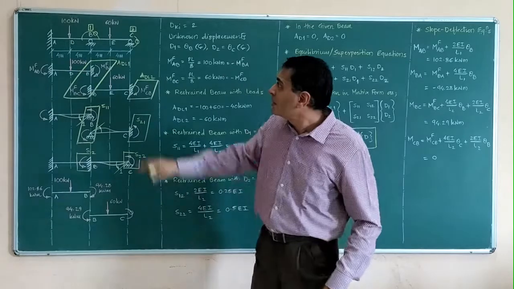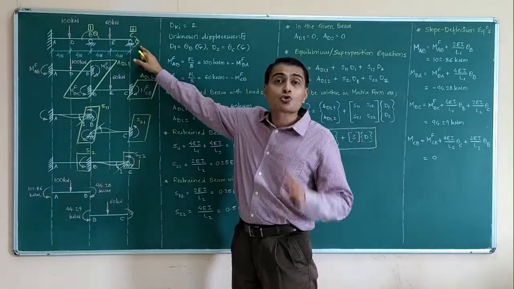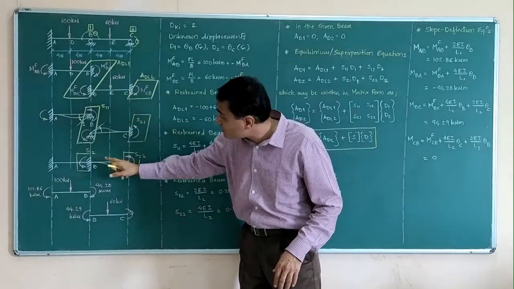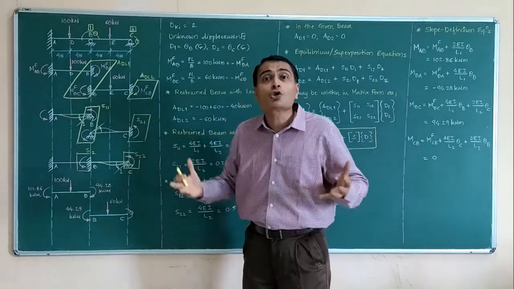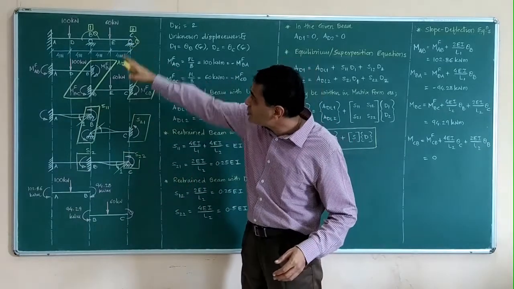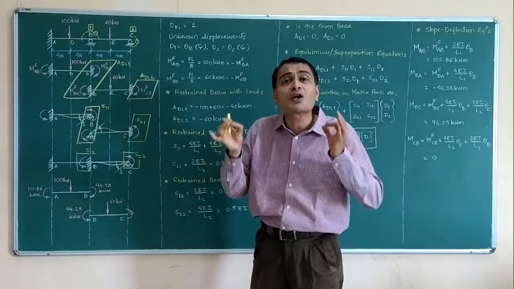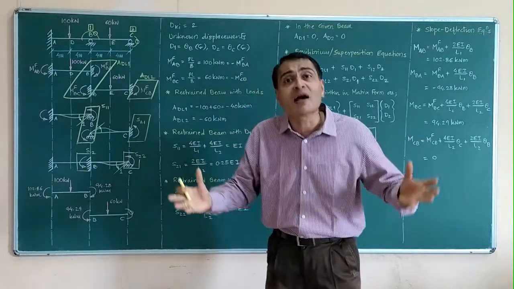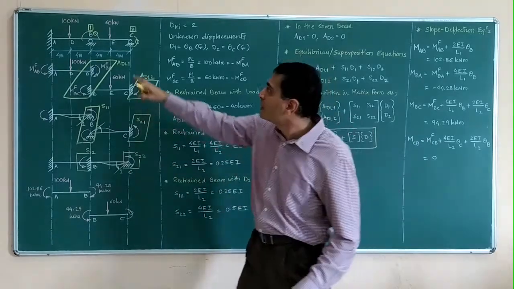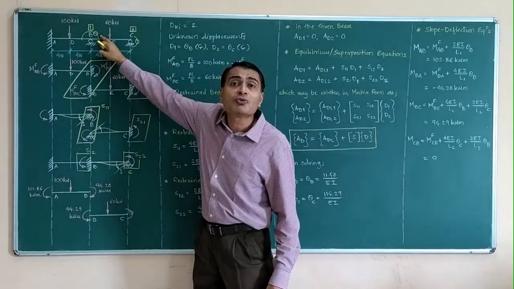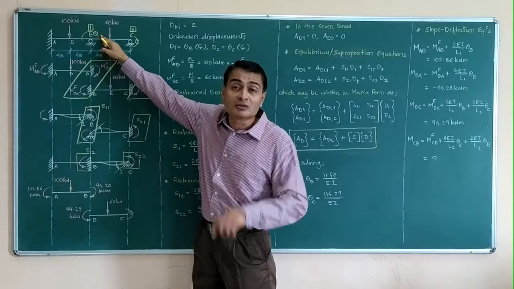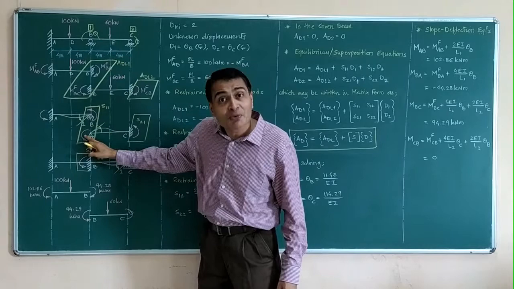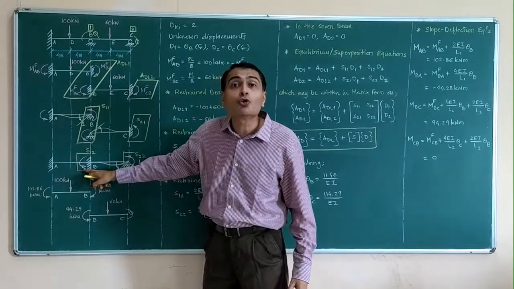So I repeat, if this configuration is superposition of this plus this into D1 plus this into D2, I should be able to say that each agency, each physical quantity is also a superposition of same kind. For example, this particular moment which we are calling as AD1, it should be this plus this into D1 plus this into D2.